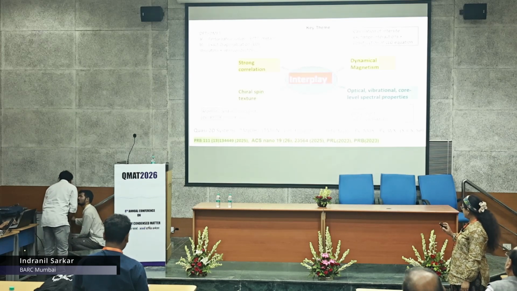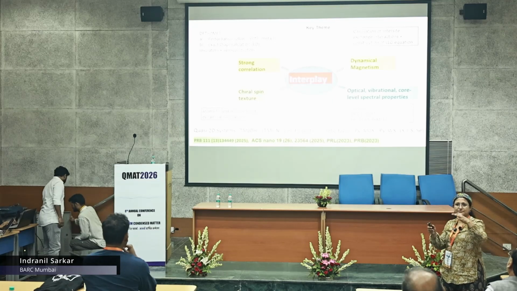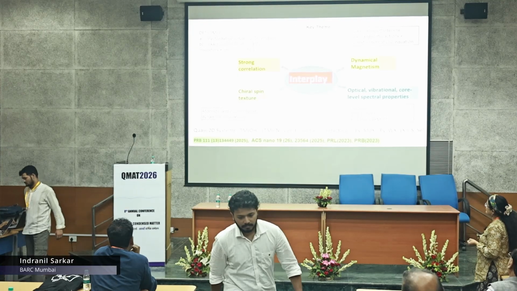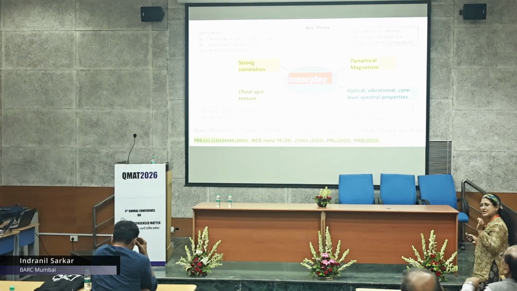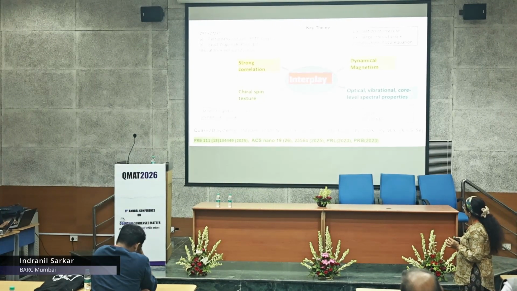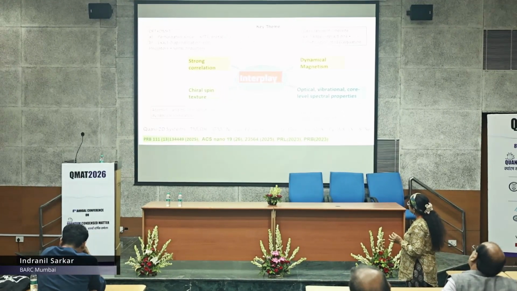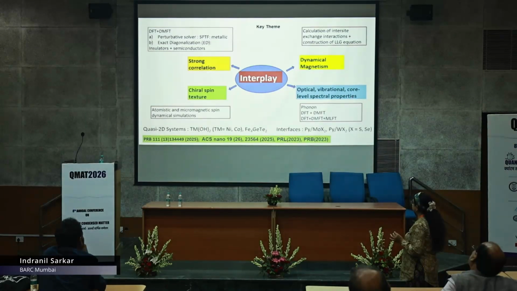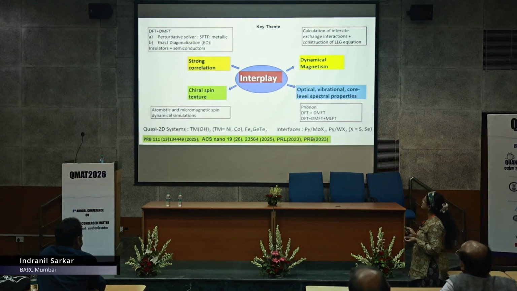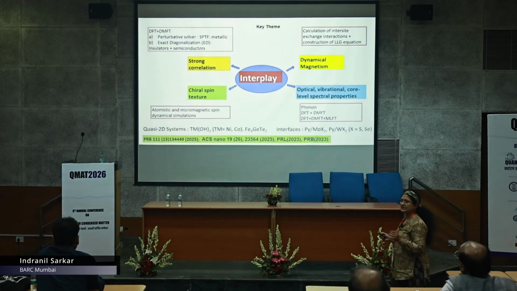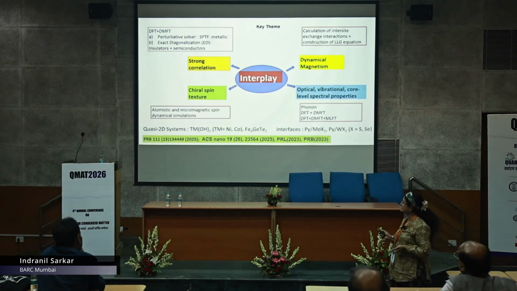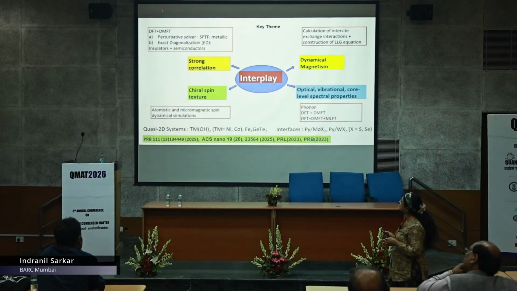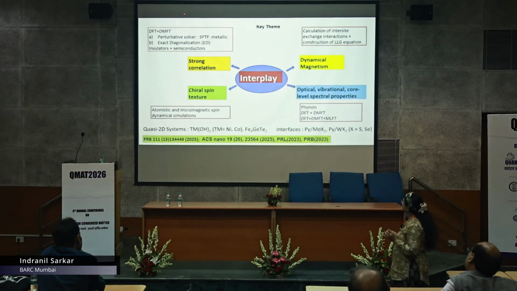So we usually follow one kind of mechanism. The key theme of that mechanism is that we study the interplay of strong correlation and dynamical magnetism, chiral spin structure, and also the optical, vibrational and core level spectral properties. For strong correlation, we usually use DFT plus DMFT, where depending upon whether the system is metallic or weakly correlated, or insulating or semiconducting, we use different kinds of solvers for the DMFT.